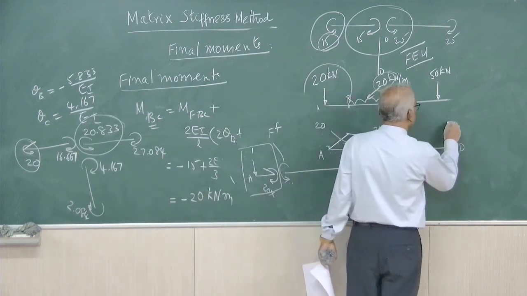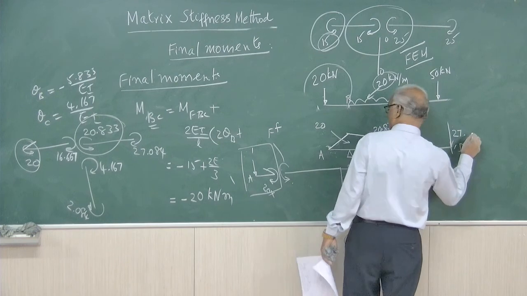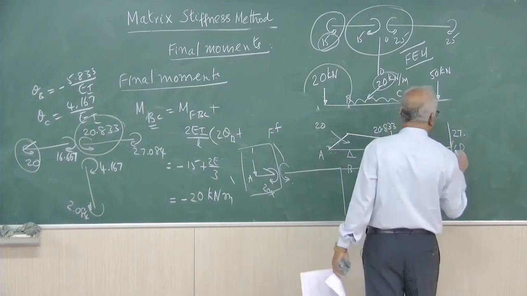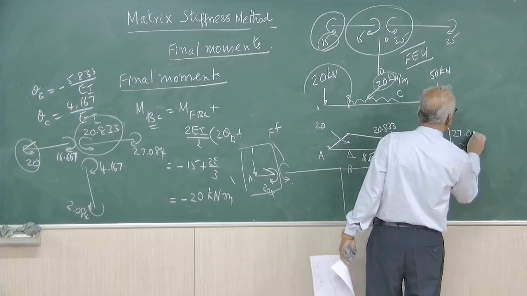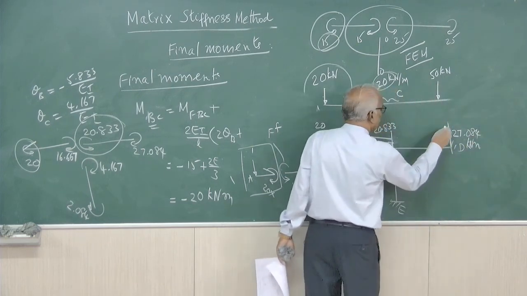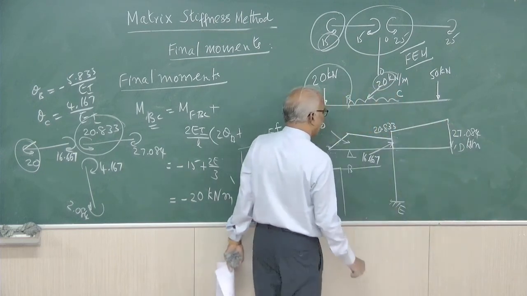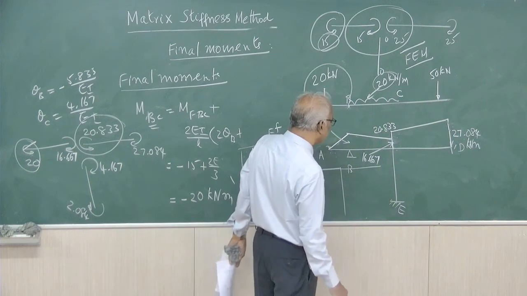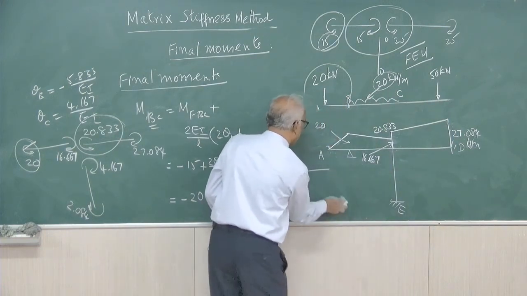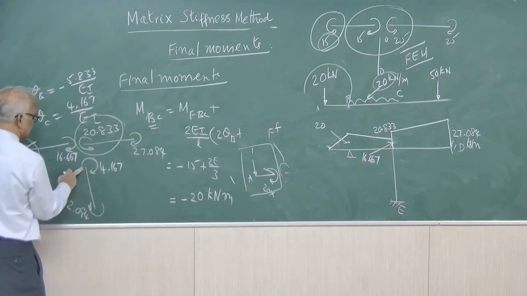So, this value is 27.084 kilonewton meter. So, this is for the member CD. And coming to the vertical member, for this it is clockwise 4.167.